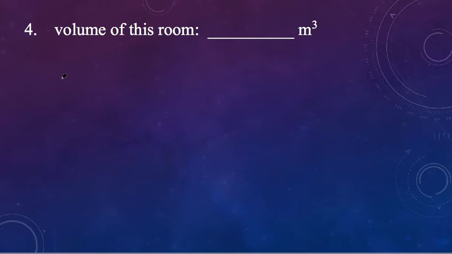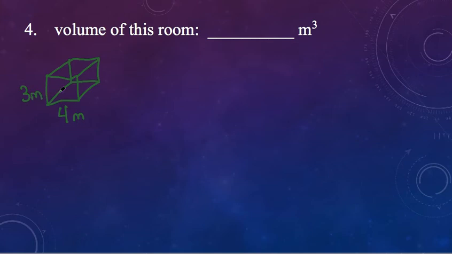Volume of this room. Well, the room is a rectangular prism. So if I draw that out here, and the room I'm in right now, which may be different than yours, I'm looking around and it's about 4 meters wide, about 3 meters high.